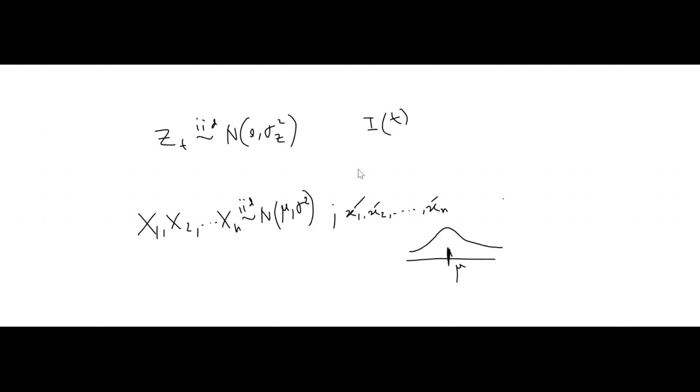If that person asks what is the possibility that the measurement will come from this far region, I'll say it is very less. Because we know from the bell-shaped curve that within mu plus 3 sigma and mu minus 3 sigma, almost all the probabilities will be falling within this region.